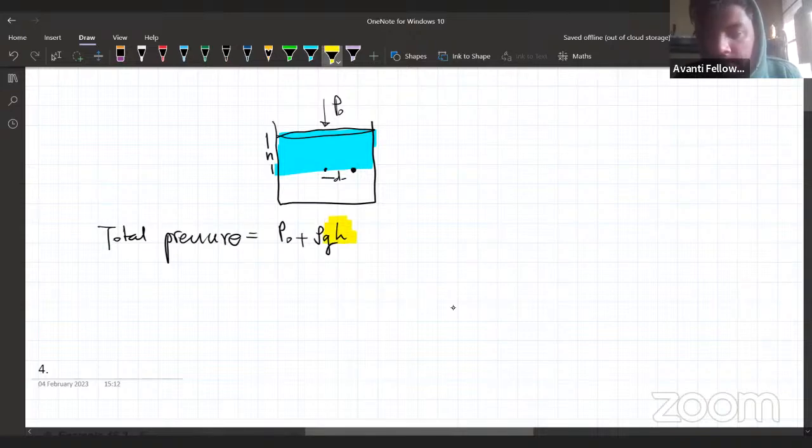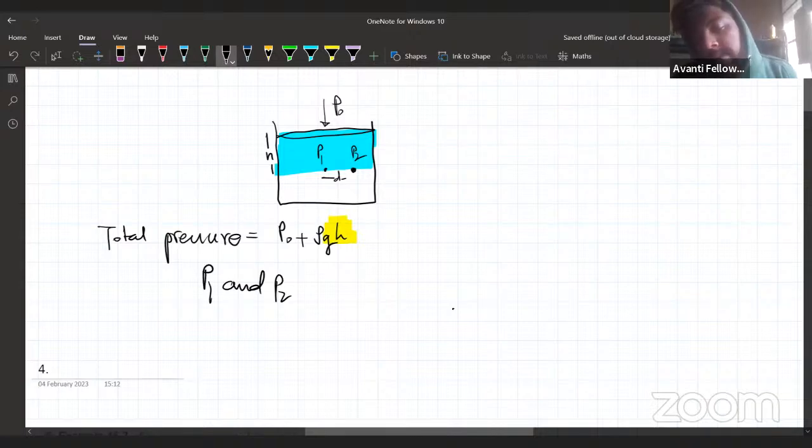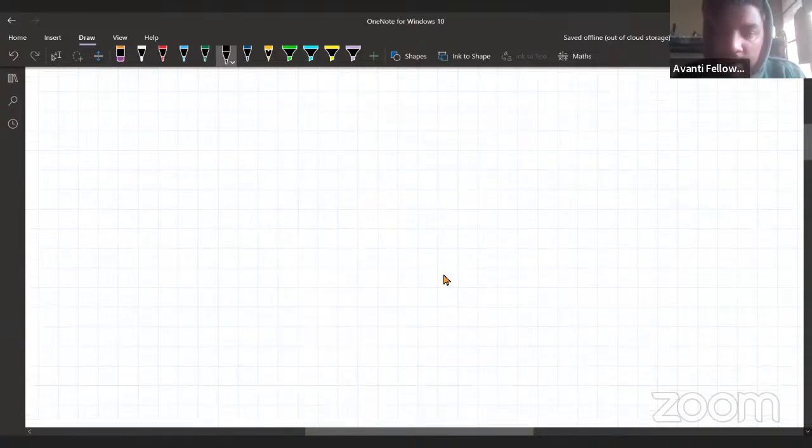So if we are moving horizontally, the change in pressure will be zero. If the pressure at this point is P1 and at this point is P2, then the ratio between P1 and P2 will be 1:1, since the pressure will be the same at both points. Hopefully this recall is clear to you all.